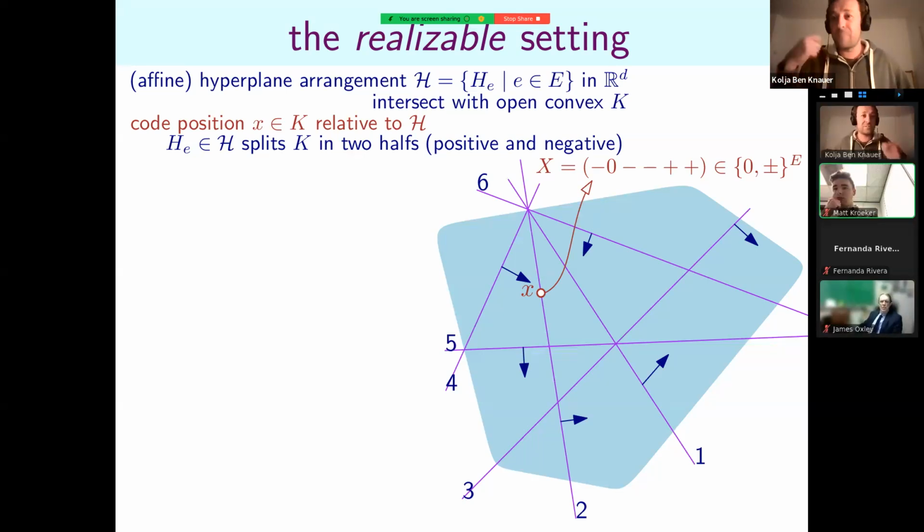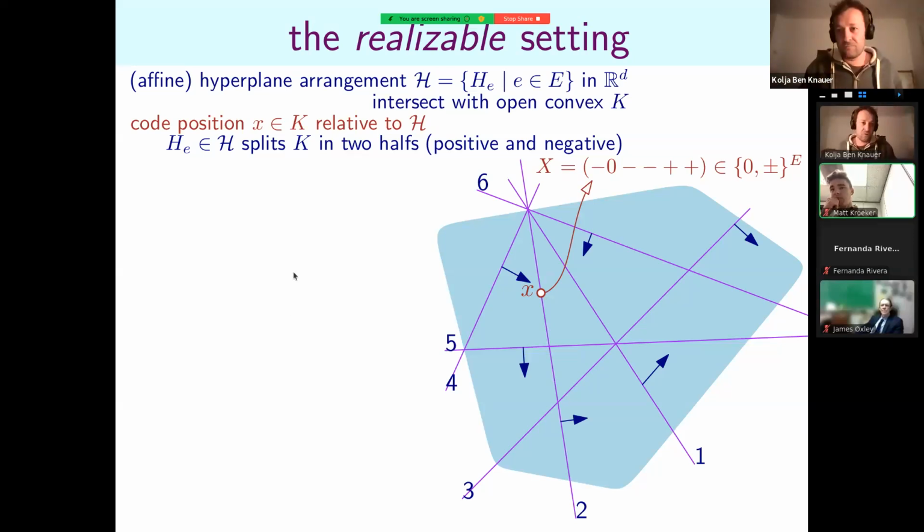The coordinate is minus if it is on the negative side of that hyperplane, 0 if it is on that hyperplane, and plus if it is on the positive side of that hyperplane. That's a very basic but important idea here. For instance, the second coordinate of this point is 0 because it lies on the second hyperplane. However, the last one is plus because the sixth hyperplane has it on its positive side. The little arrow indicates the positive side of the hyperplane.